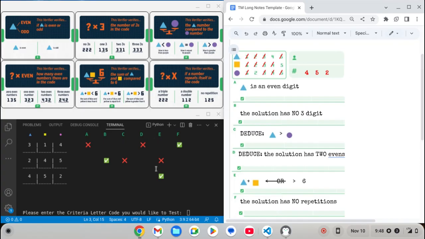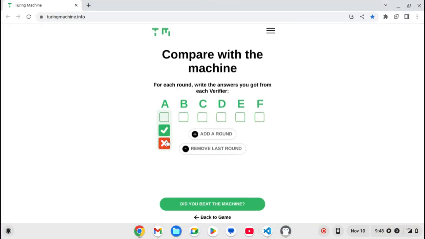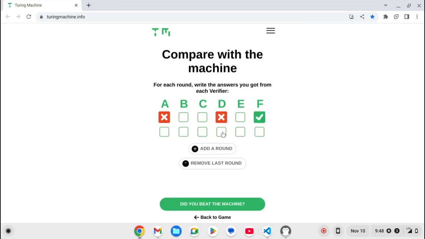Yes. And how do we do versus the Turing Machine? Well, it is a 6 criteria card puzzle, but we did 7 tests. So we did ADF in the first round, and we did the remaining 3 in the second round, and then did a quick third round test on E. So A was incorrect, D was incorrect, F was correct, I believe B was correct, but C and E were both incorrect.